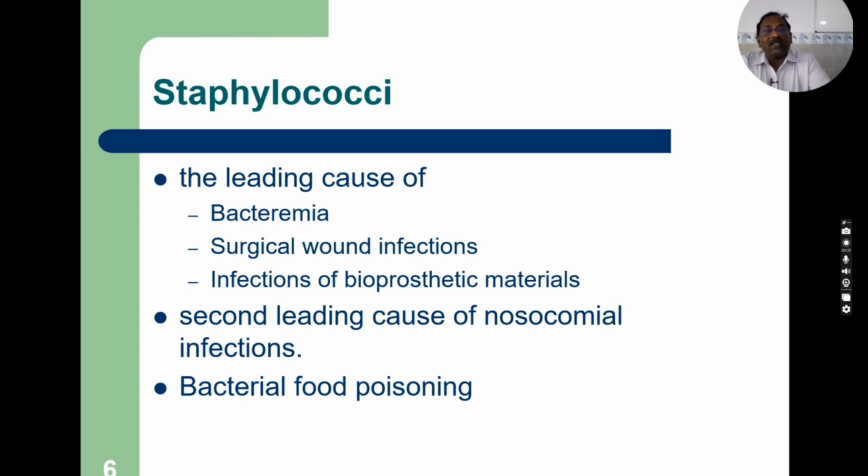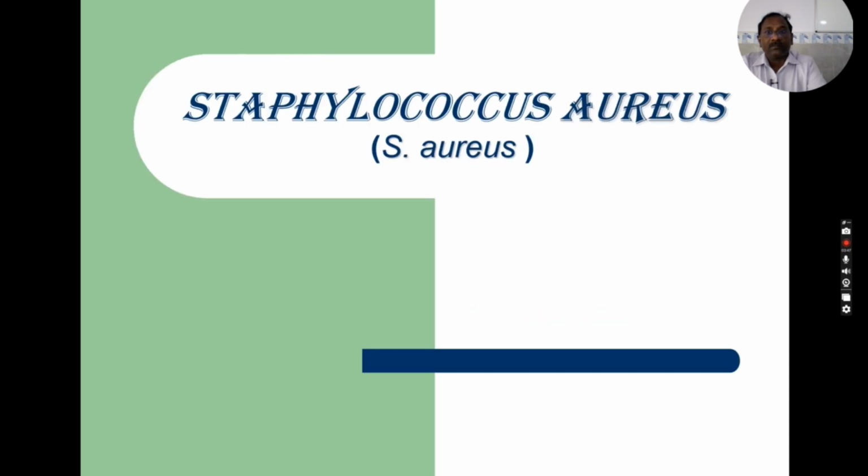Mostly it involves surgical wound infections and infections of bioprosthetic materials. A very leading cause of nosocomial infections, especially in our ICU setups. It also causes bacterial food poisoning with preformed toxins.